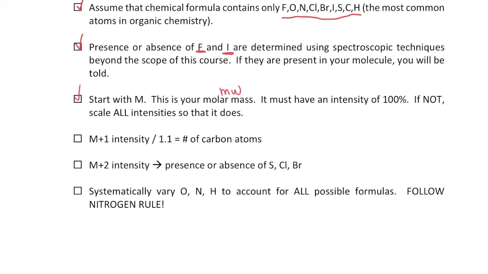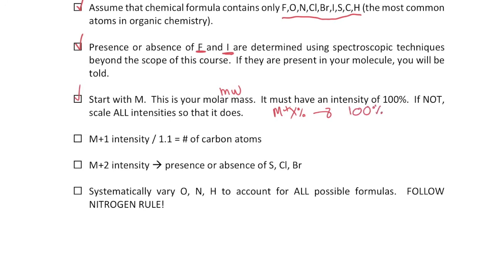And it usually won't have one. Sometimes it will. If not, find out what you need to multiply it by to get it to 100%, and then you multiply everything by that so that the ratio stays intact. This will make your math a lot easier. So in other words, your M plus, whatever that is, turn it into 100%.